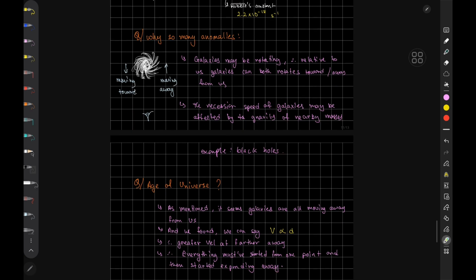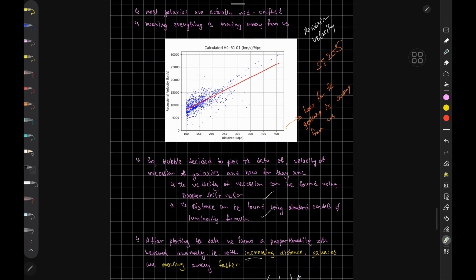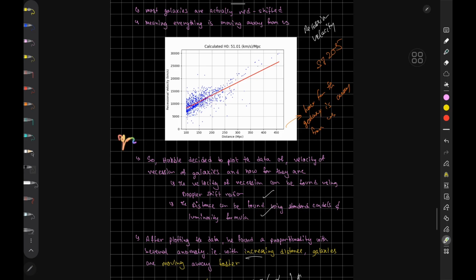The other reason is that the recession speed of galaxies may be affected by the gravity of nearby masses, for example a black hole. Let's say I'm an observer over here, and I'm observing some sort of a star, and it obviously is moving away from us. However, the velocity with which it's moving away is, let's say, less.